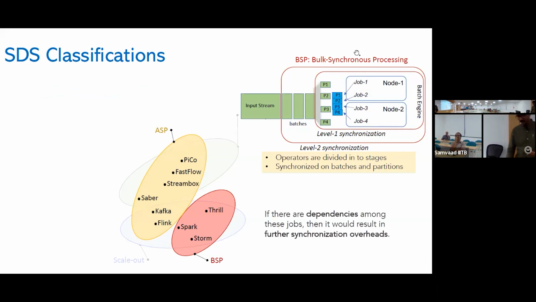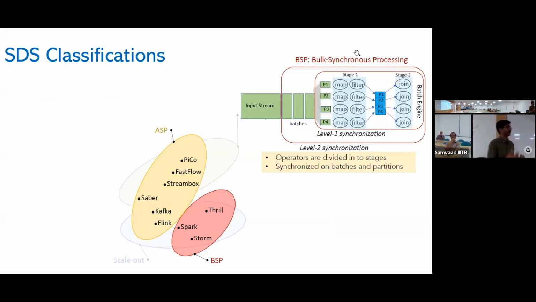After processing, the results from each of these batches or partitions have to be brought together for synchronization. Sometimes these jobs are also dependent, for example if you have a larger pipeline like multiple maps and filters. So even after all these jobs, we need to synchronize these partitions many times.